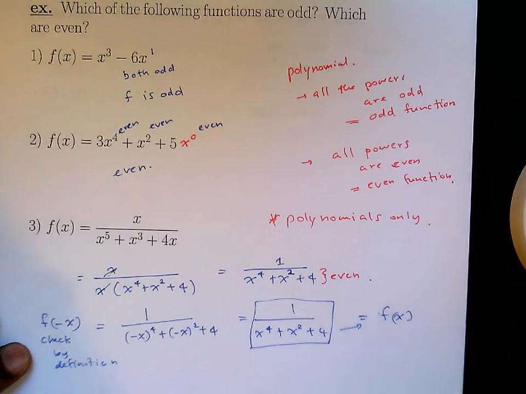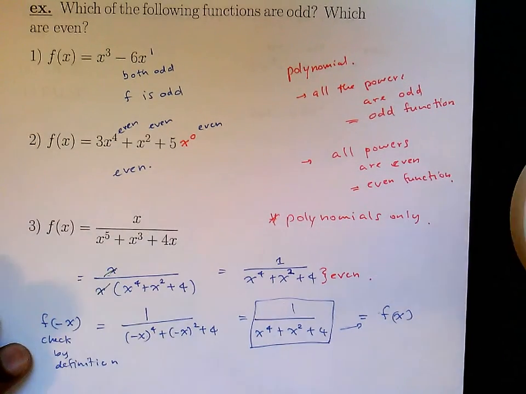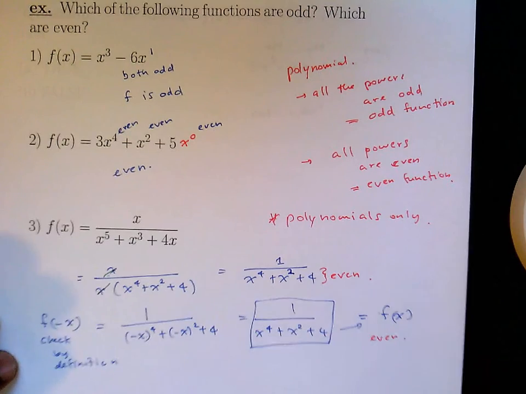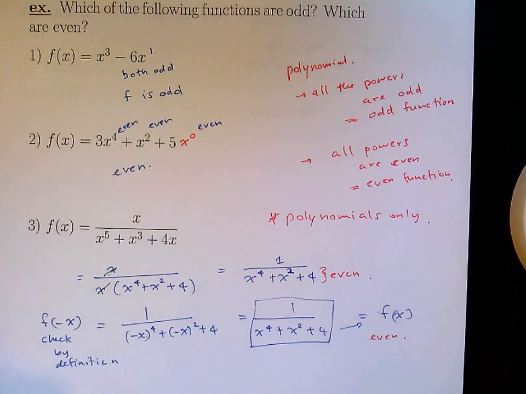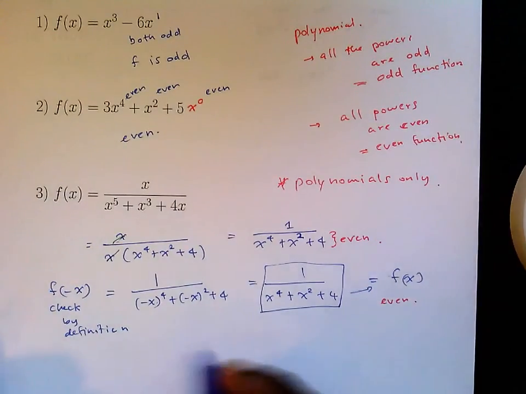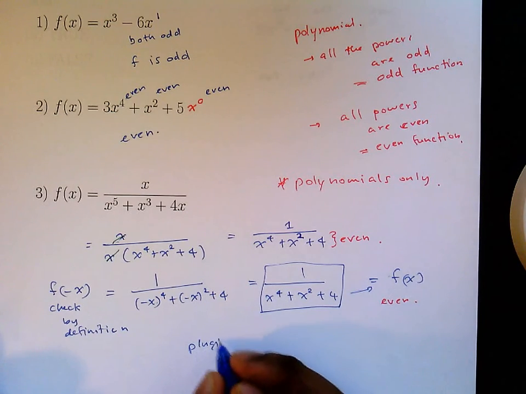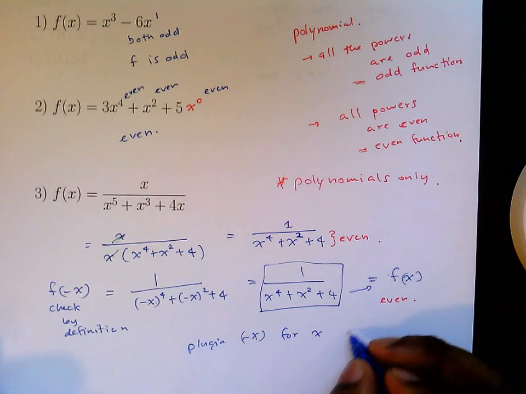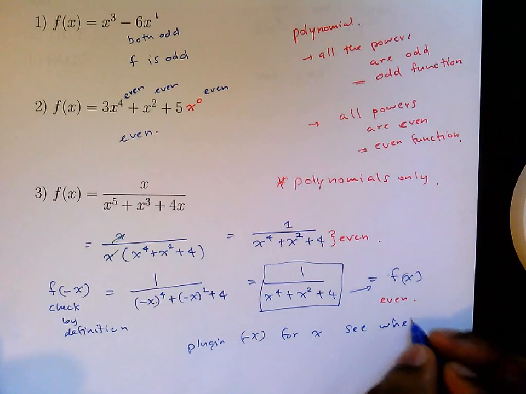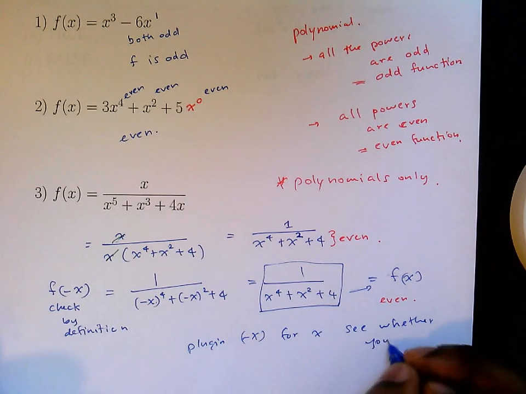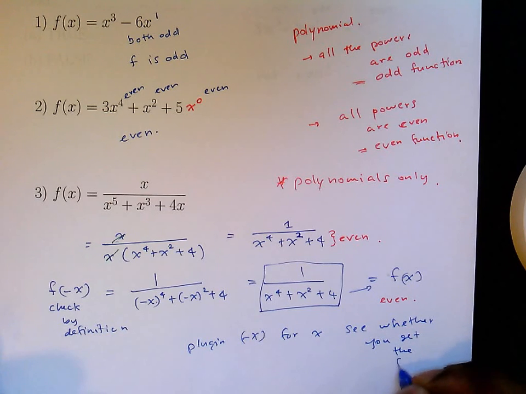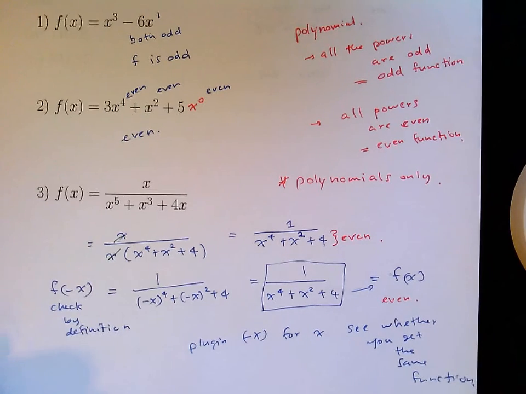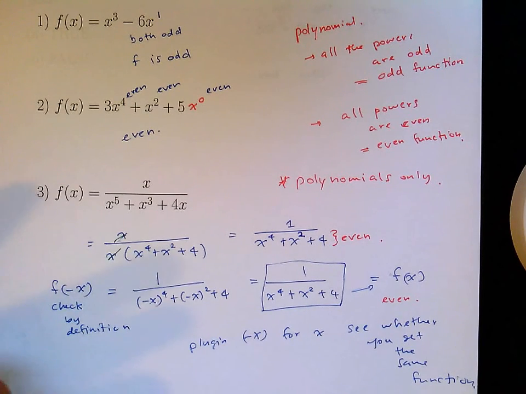So with the definition we can say that the function is even. So in order to check the function is even, by definition, plug in negative x for x and see whether you get the same function. Now this is the same as symmetric with respect to the y-axis.